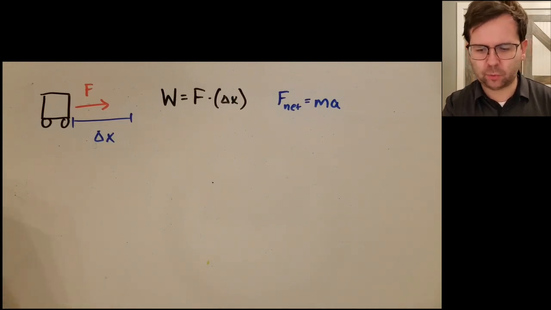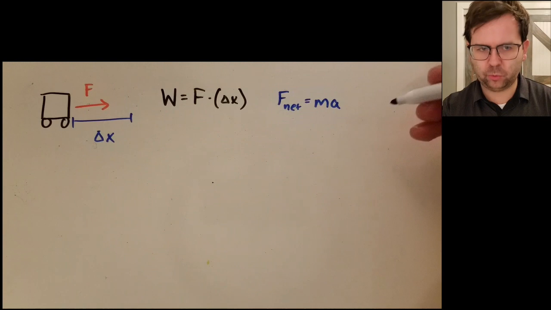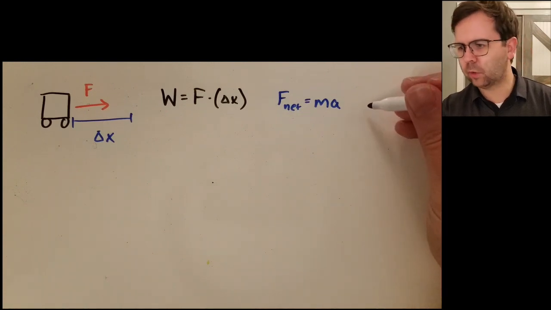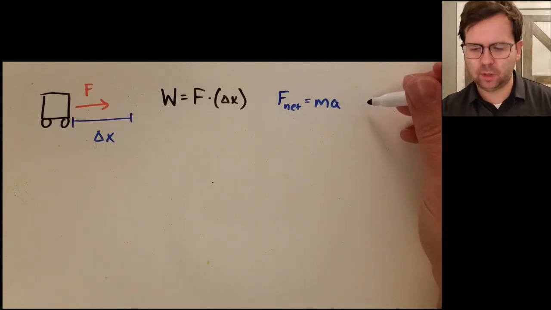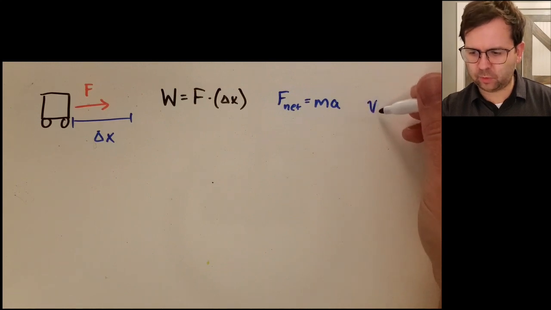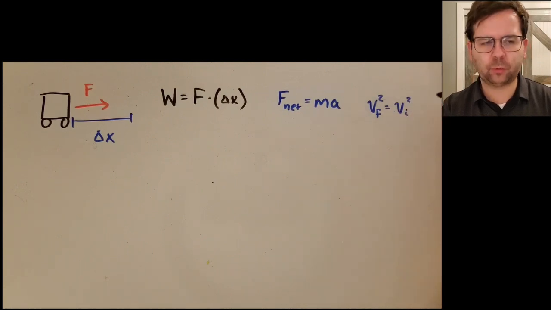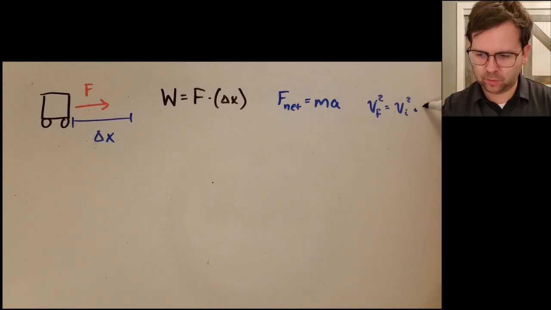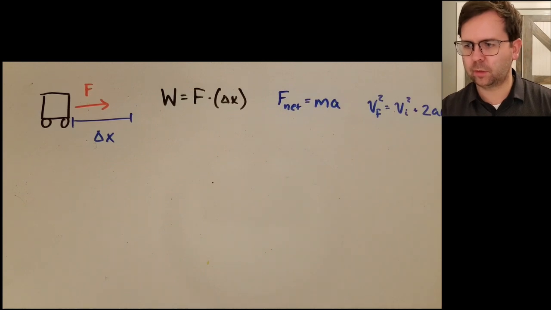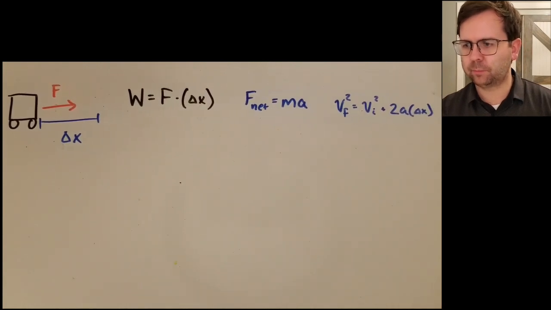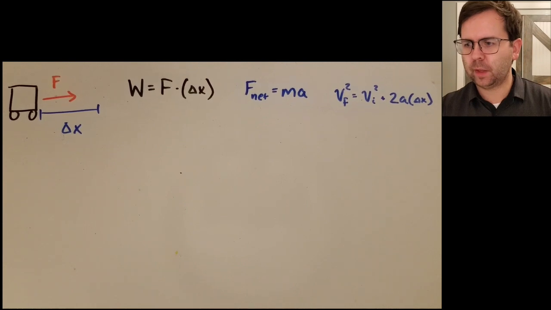Another equation I'm going to use involves the speed of an object as it accelerates: the final speed squared equals the initial speed squared plus 2 times the acceleration times the displacement of the object.